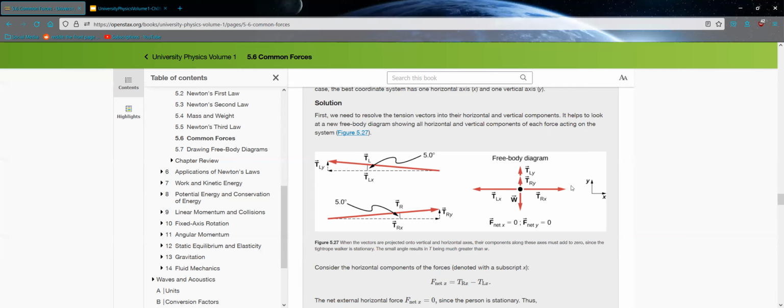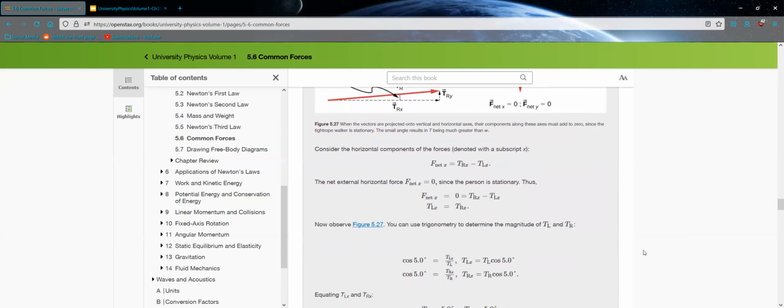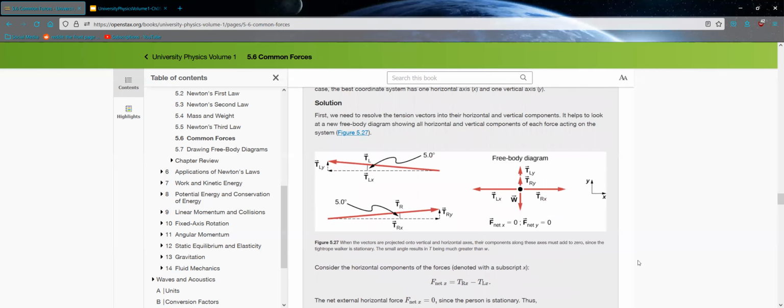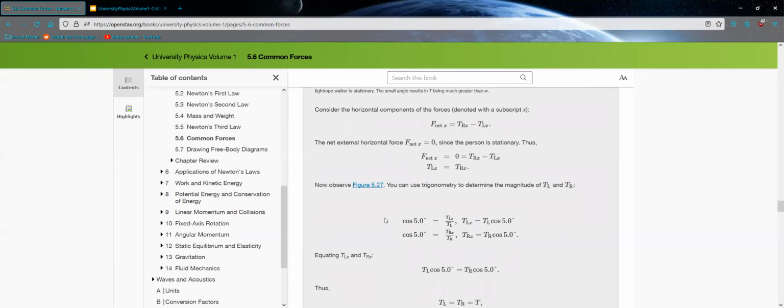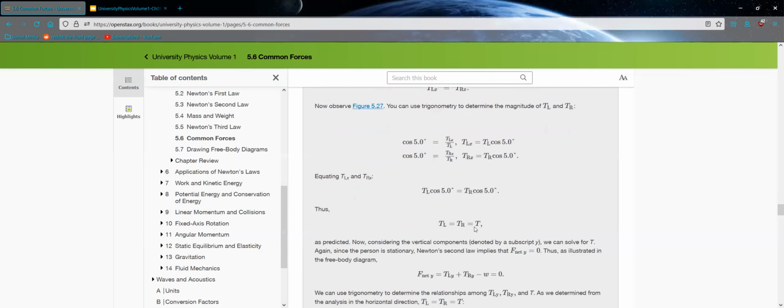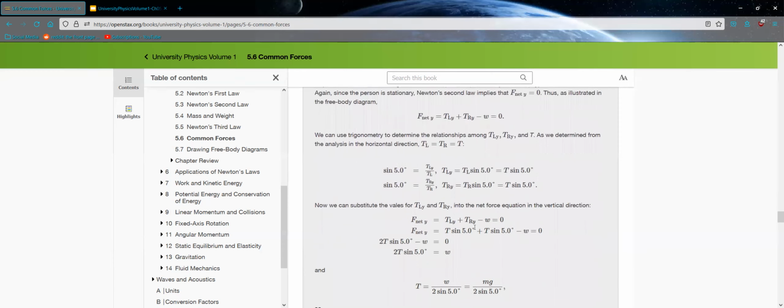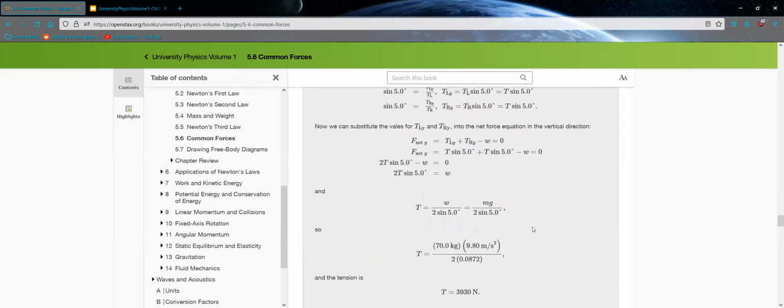So if A is 0, you can figure out the forces required to make A 0, right? So break down your left and right forces into X and Y components, shown here. The X components are cosines, the Y components are sines. And then once you break them down into actual numbers, as shown here, you can solve for the total tension. And remember, there's a left tension and there's a right tension.